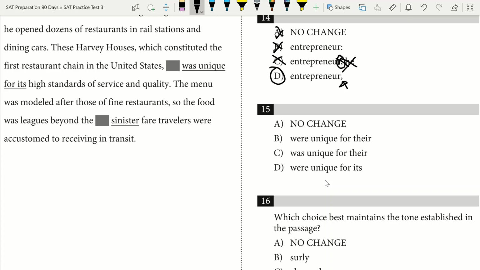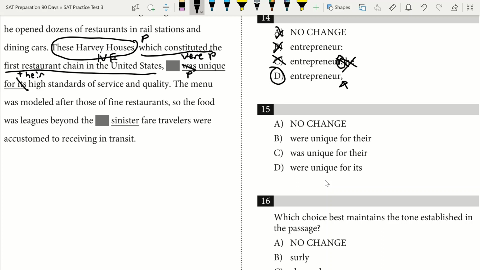All right, beginning in the 1870s, he opened dozens of restaurants in rail stations and dining cars. These Harvey houses, which constituted the first restaurant chain in the United States, this is going to be "were unique for there." Okay, how did I get there so quickly? Well, "which constituted the first restaurant chain in the United States" is a non-essential phrase or clause, so I ignore it, and I find that my subject is "these Harvey houses," which is plural, so I have to match my verb to be a plural verb. I know my plural verb is going to be "were" because we would say "they were," and we know that "they" is plural, right?